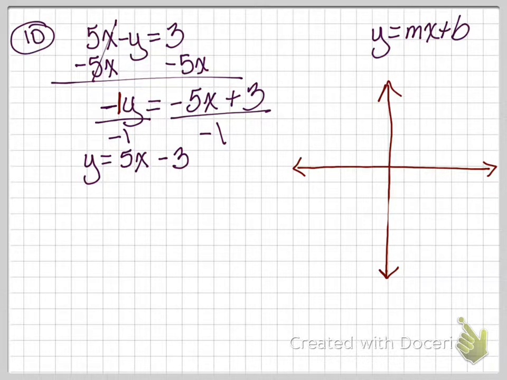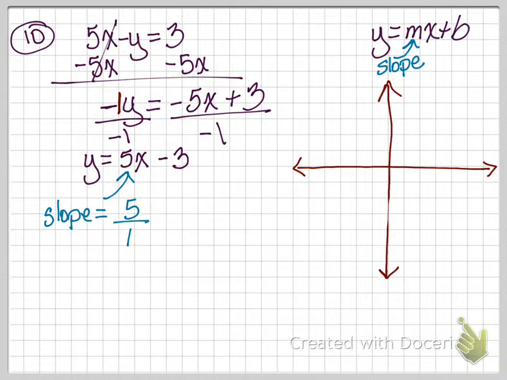The m or the b? M. Okay, so my m is my slope. It's always with the x value. So in this line right here, what is my slope? Excellent. So my slope is going to be 5 over 1, because all numbers that don't have a denominator are written over 1.